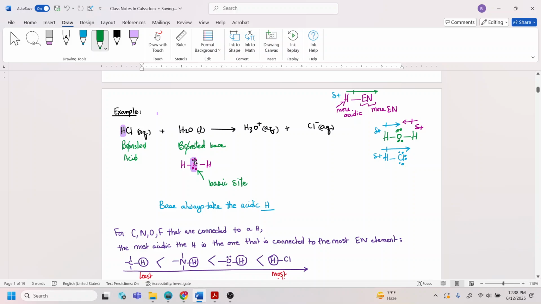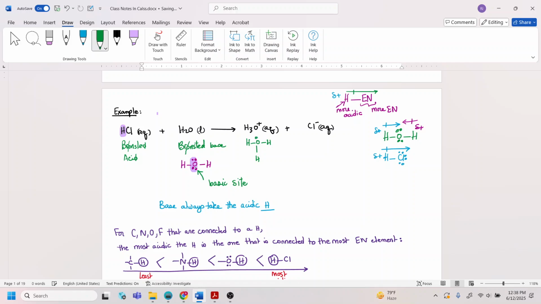From their electron rich site, they always take the acidic hydrogen. So now this oxygen is going to use one of its lone pairs in order to make a bond with the hydrogen. And then your product over here is going to be H3O plus. So let's go ahead and draw that.